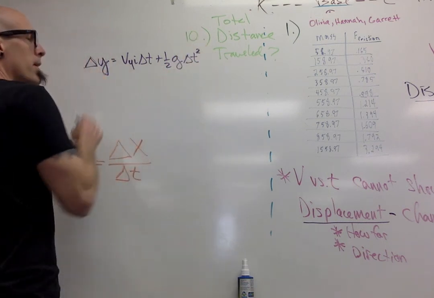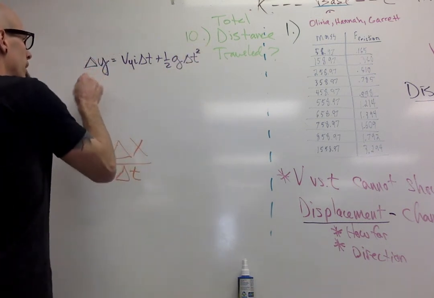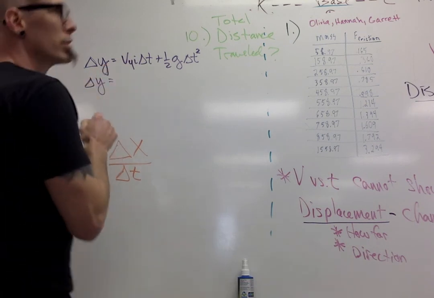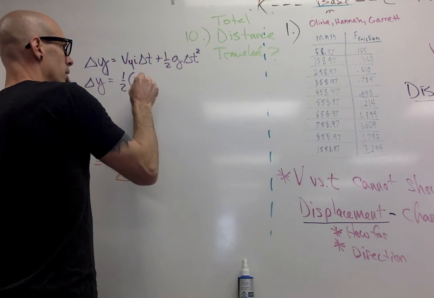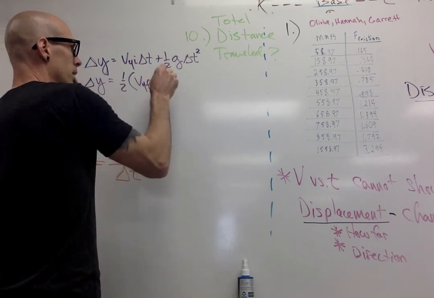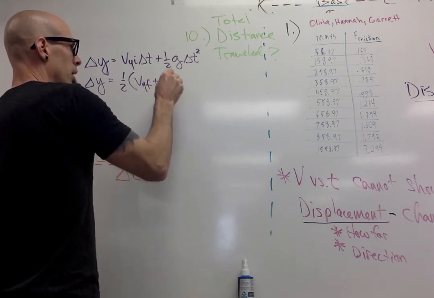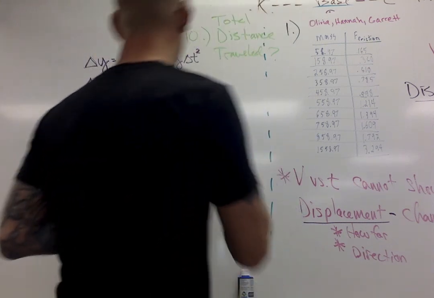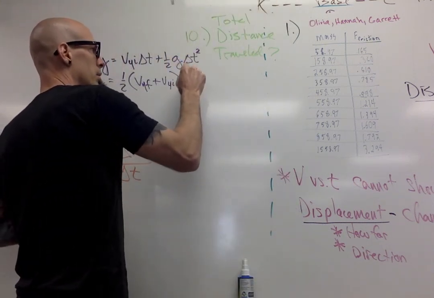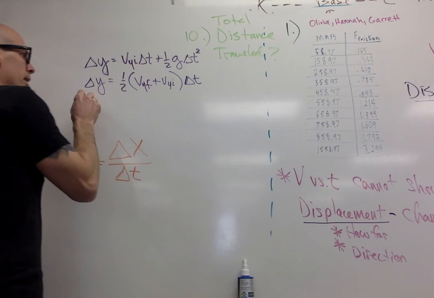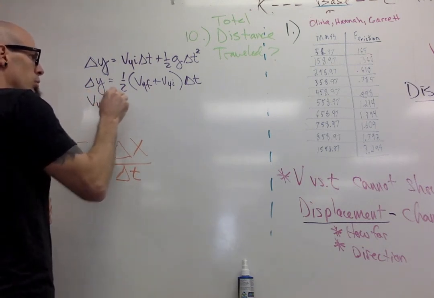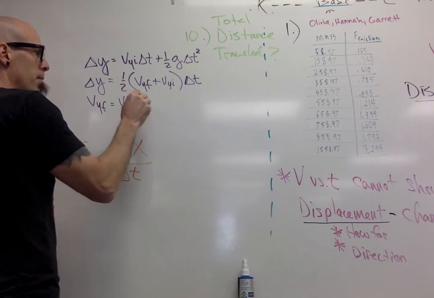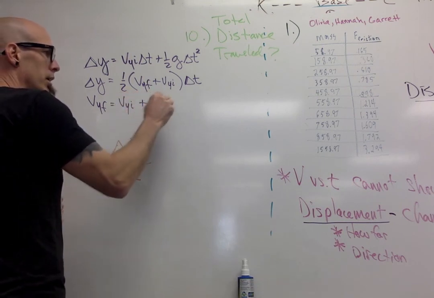So there's one. And the next one we have delta y equals 1/2 times the Vyf plus Vyi, times delta t. And then we had Vyf equals Vyi plus g delta t.